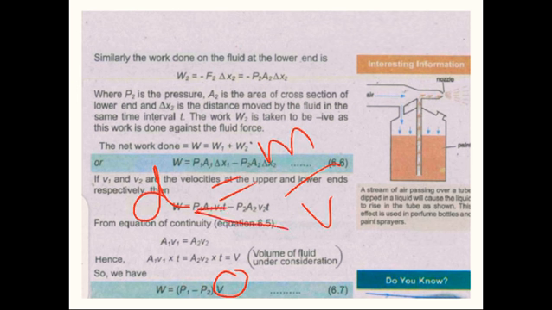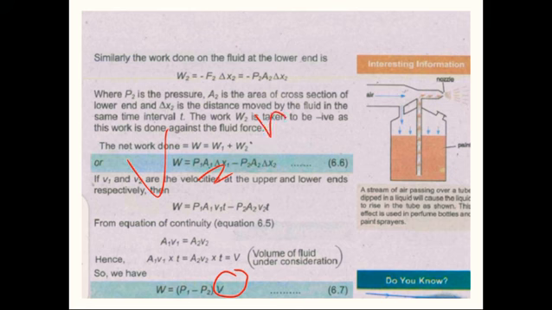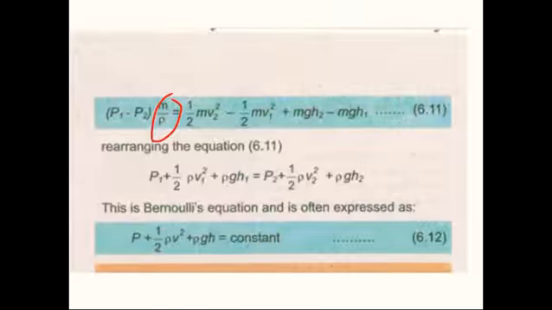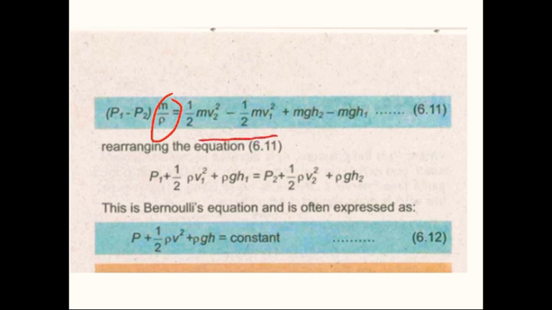Volume is equal to mass over density. So in the next step we have replaced volume by mass over density. So the equation, by putting the values, half mv2 square minus half mv1 square plus mgh2 minus mgh1.